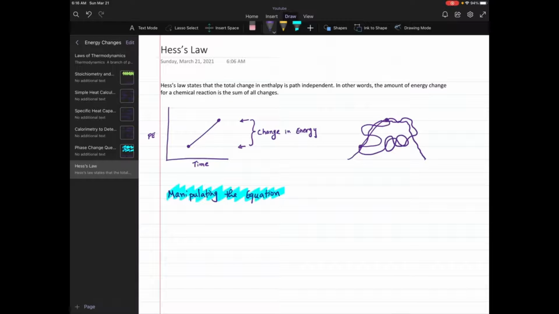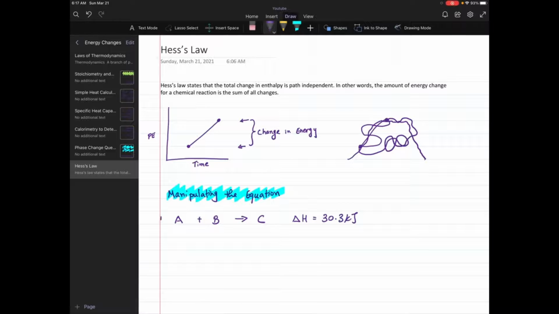The first thing we can do to an equation is flip it. For example, let's say we have A plus B forms C, and the change in energy is 30.3 kilojoules.